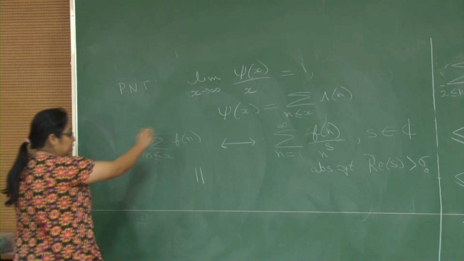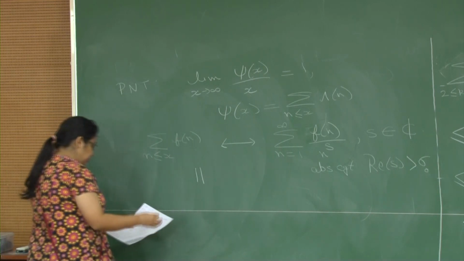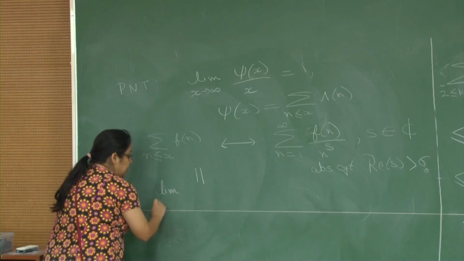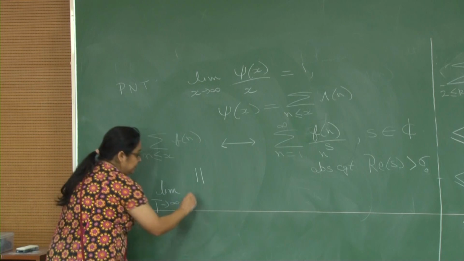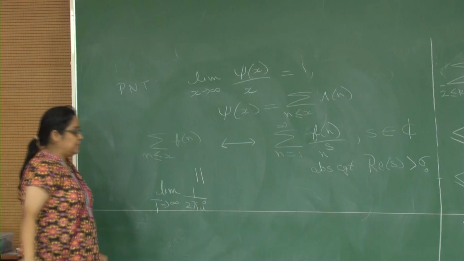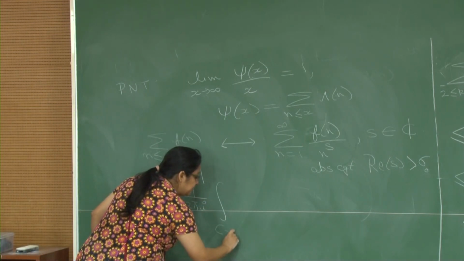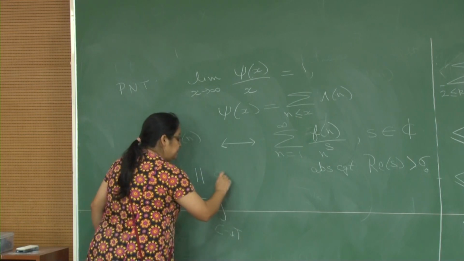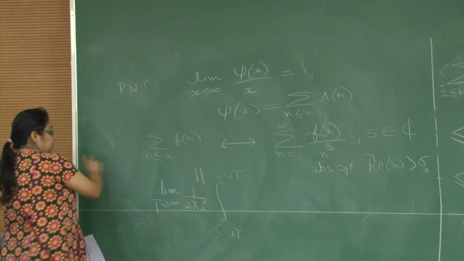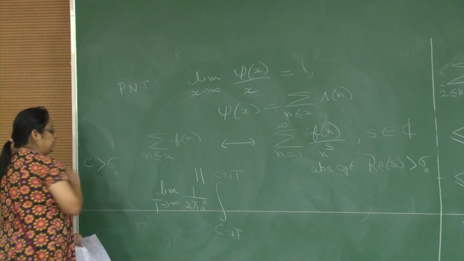Now this sum turns out to be exactly equal to the following integral: the limit as t goes to infinity of 1 over 2 pi i, of the integral from c minus i t to c plus i t, where t is something positive and c you can choose to be anything greater than sigma 0.